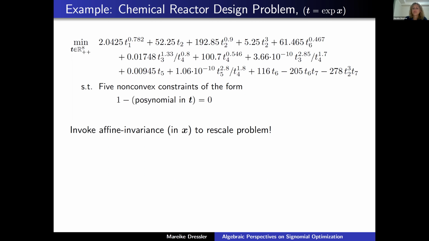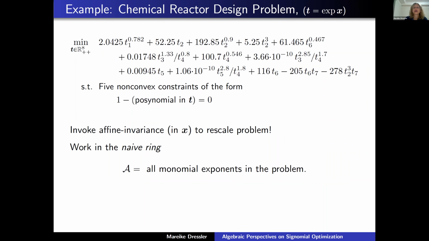Then clearly we have to decide on the ring we use, and we decide to work in the naive ring. So to say, we take the ground set to be just the support set of f, so all monomial exponents in the objective function we put in the problem. Then one thing to note is that we have equality constraints here.